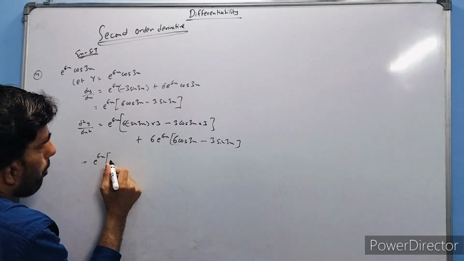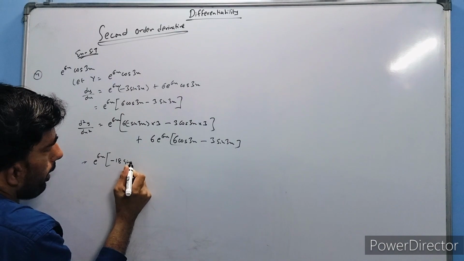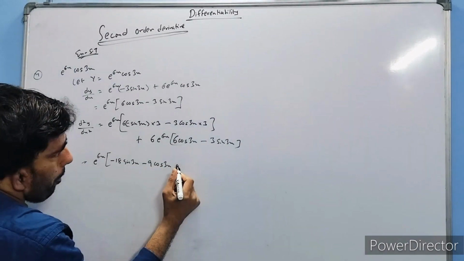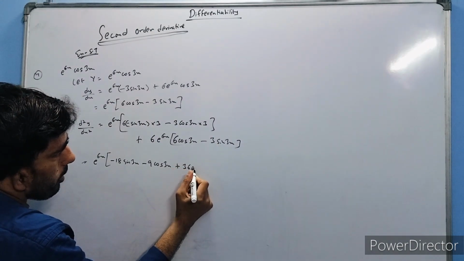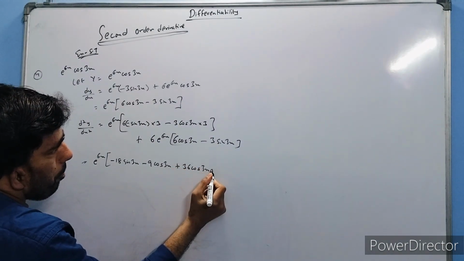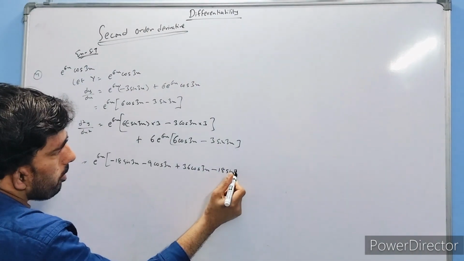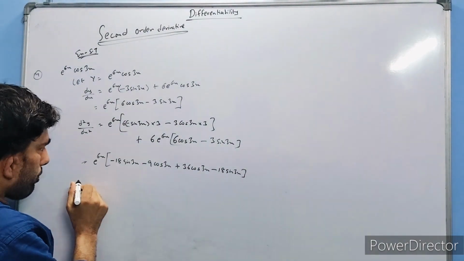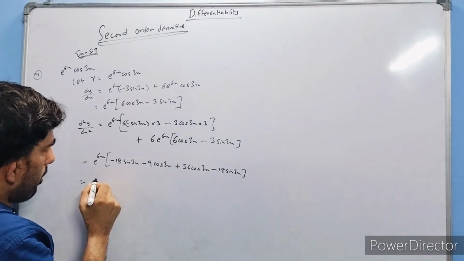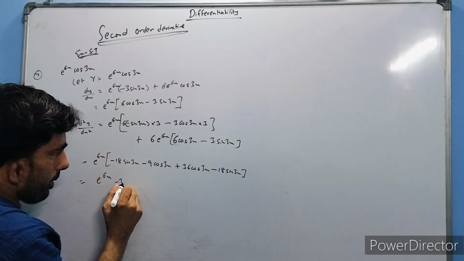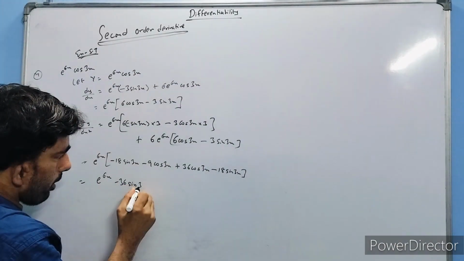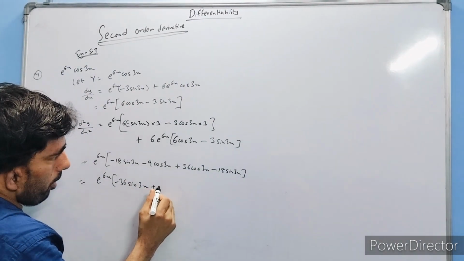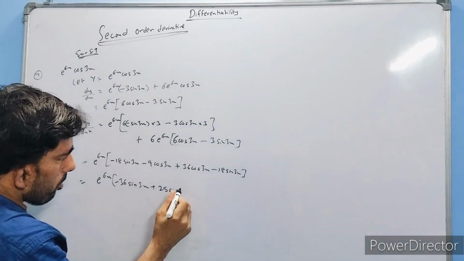So we have minus 18 sin 3x minus 9 cos 3x plus 36 cos 3x minus 18 sin 3x. Okay, so what I got here is minus 18 minus 18, so we'll have minus 36 sin 3x plus 25 cos 3x.